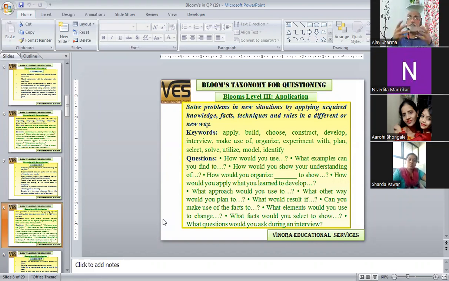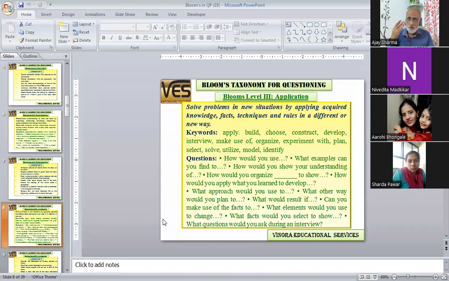They solve a problem in new situations, by applying the acquired knowledge they gain from the first two levels, that is knowledge, facts, techniques, rules, procedures, or different ways they will design on their own. They will design what is to be done, what can be done to solve this particular problem related to the present ideas. But the problem-solving technique was given to you in the previous one.